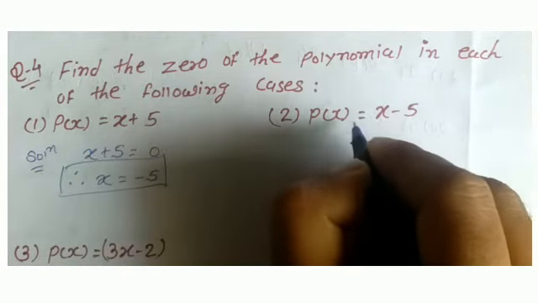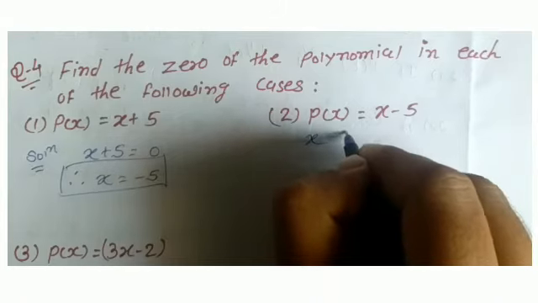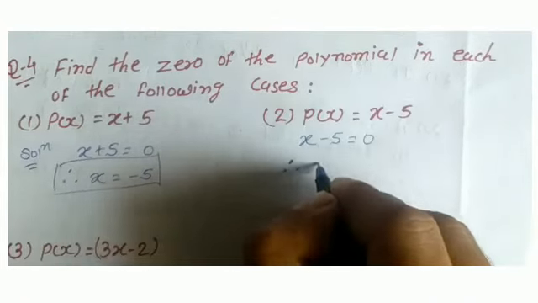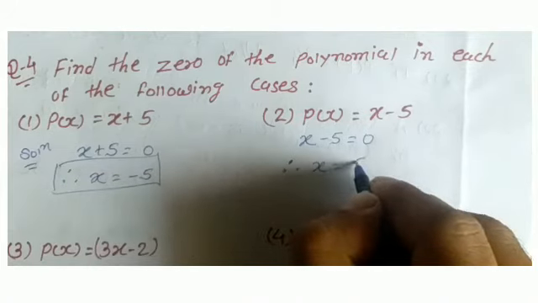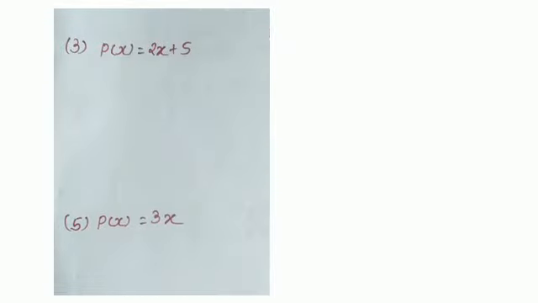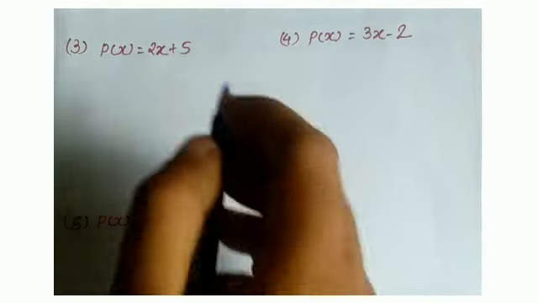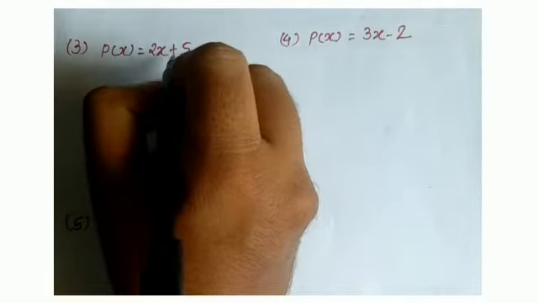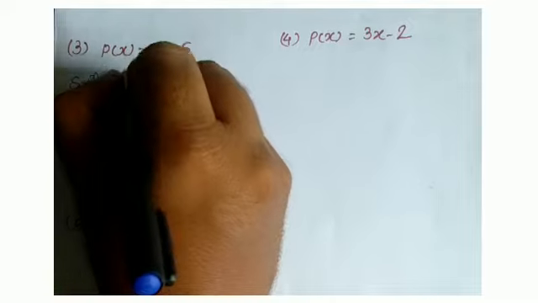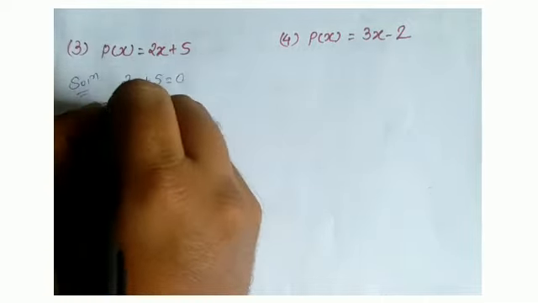Second one, P of x is equal to x minus 5. So you can write x minus 5 is equal to 0. Therefore x is equal to plus 5. Now the third one, P of x is equal to 2x plus 5. So solution, 2x plus 5 is equal to 0.